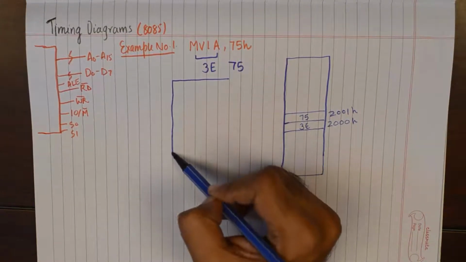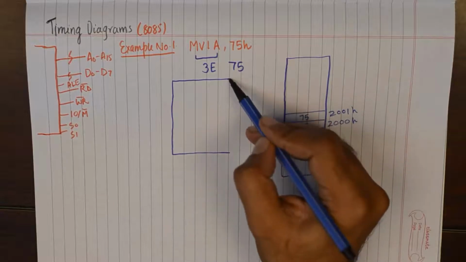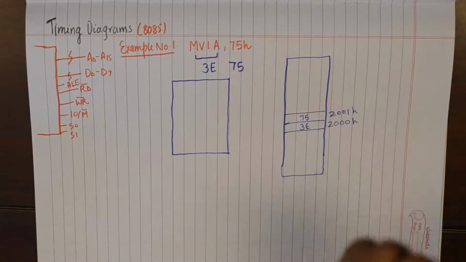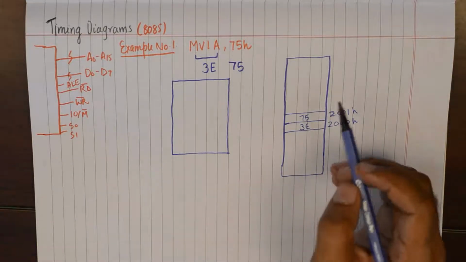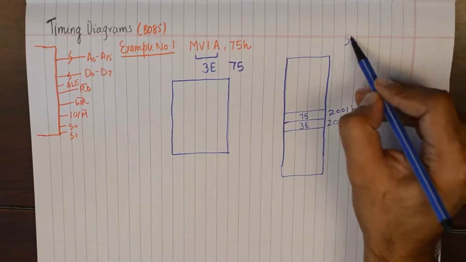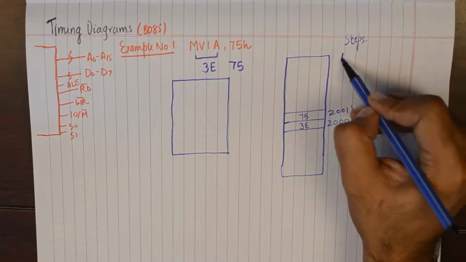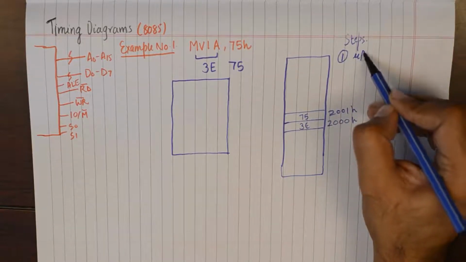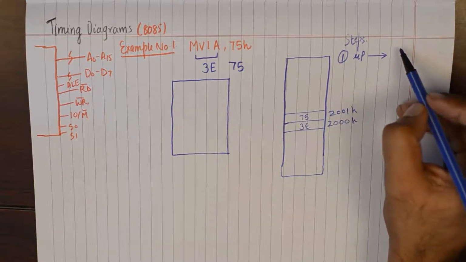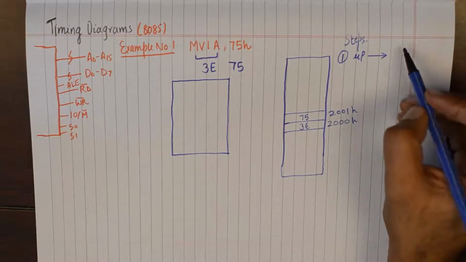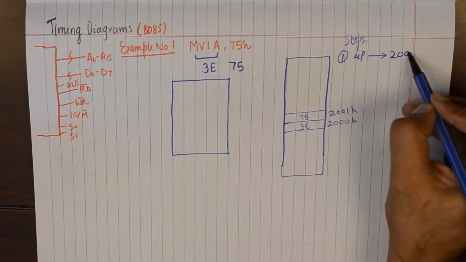Now in order to execute this instruction, let us see the steps involved. Step number 1, microprocessor is going to point to the first memory location address 2000.